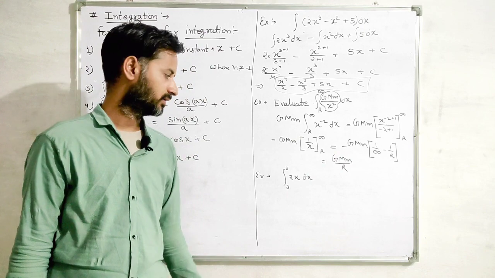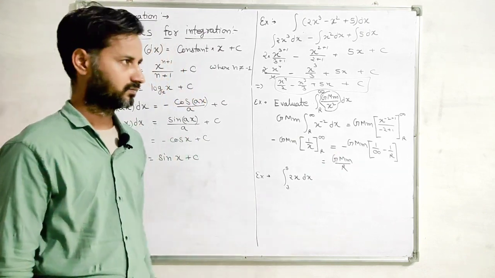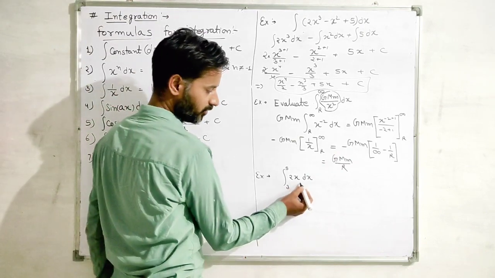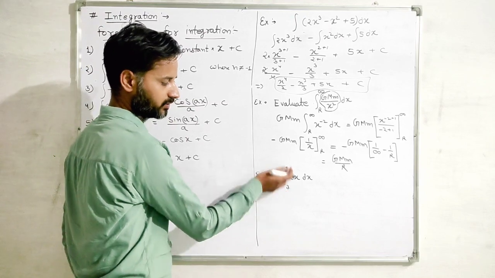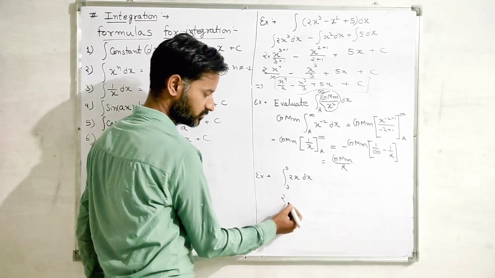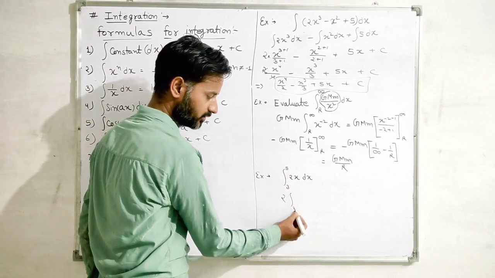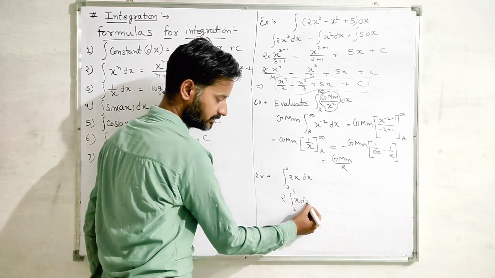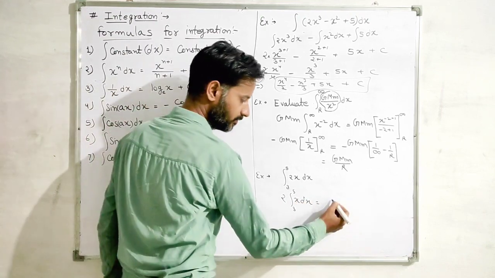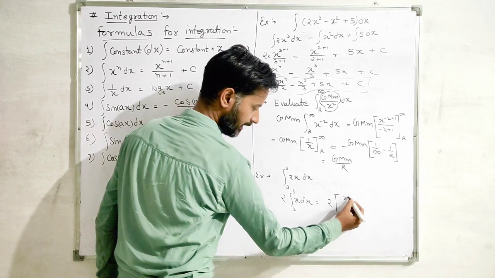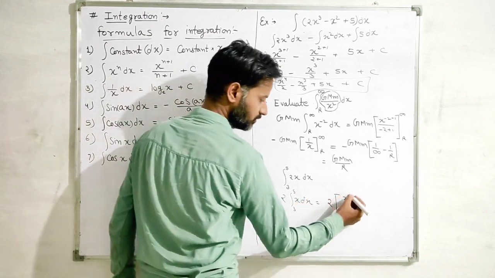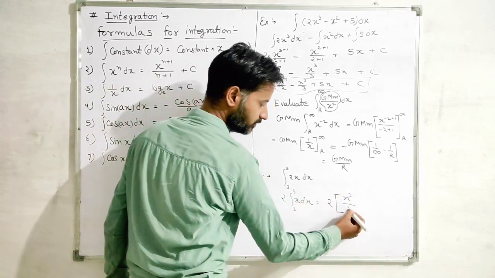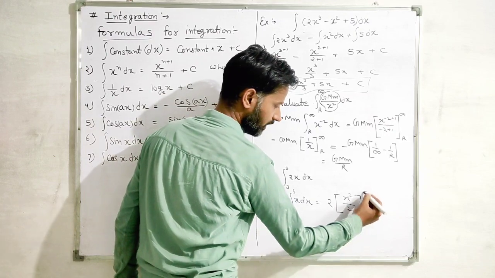In the last example, we want to integrate this for the limit 3 to 5. So this 2 is constant. Integration of x dx from 3 to 5 becomes x to the power 1 plus 1, that is 2, divided by 1 plus 1, that is 2, from 3 to 5.